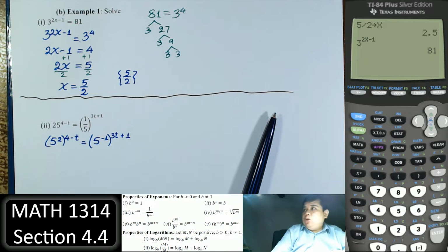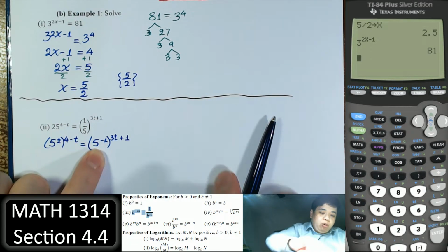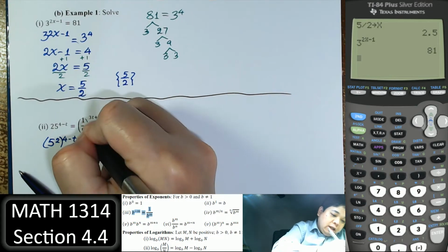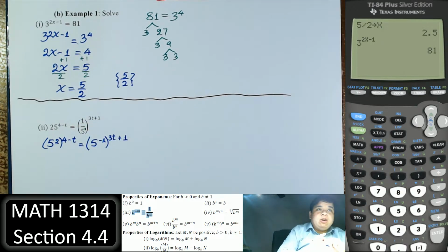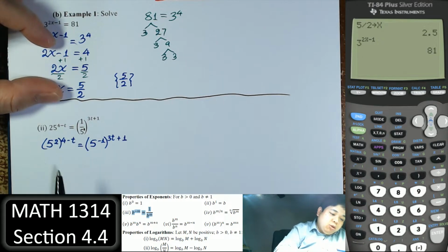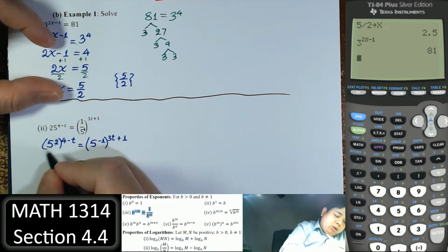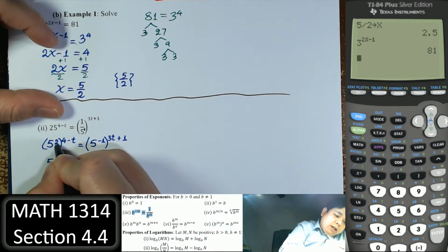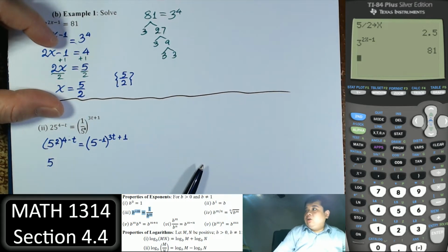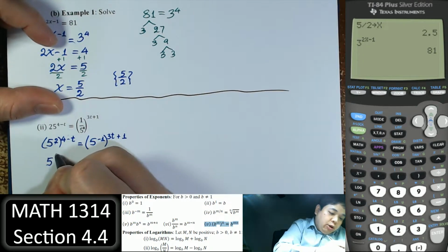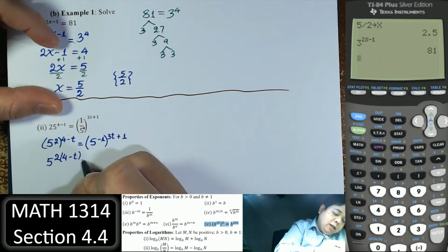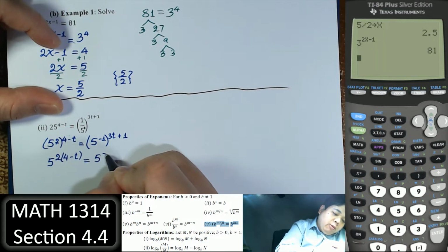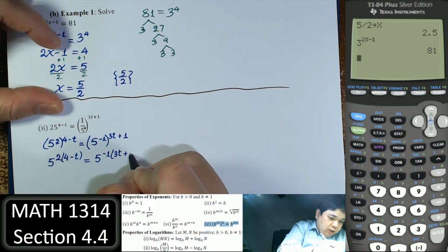We use these properties to rewrite 1/5 as 5 to the negative 1, because by default we have 5 to the first power. Now just multiply the exponents together, which is this property. So we have 2 times 4 minus t equal to negative 1 times 3t plus 1.